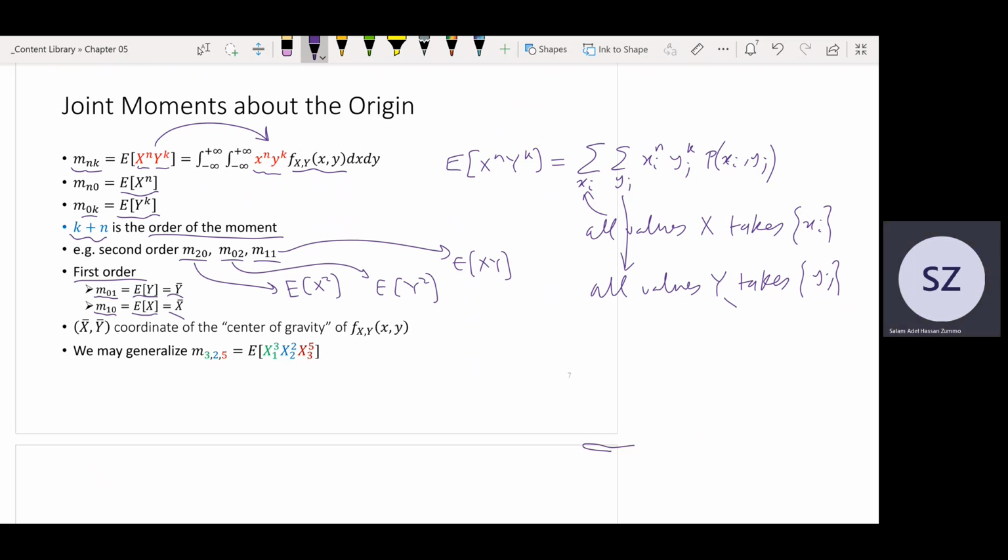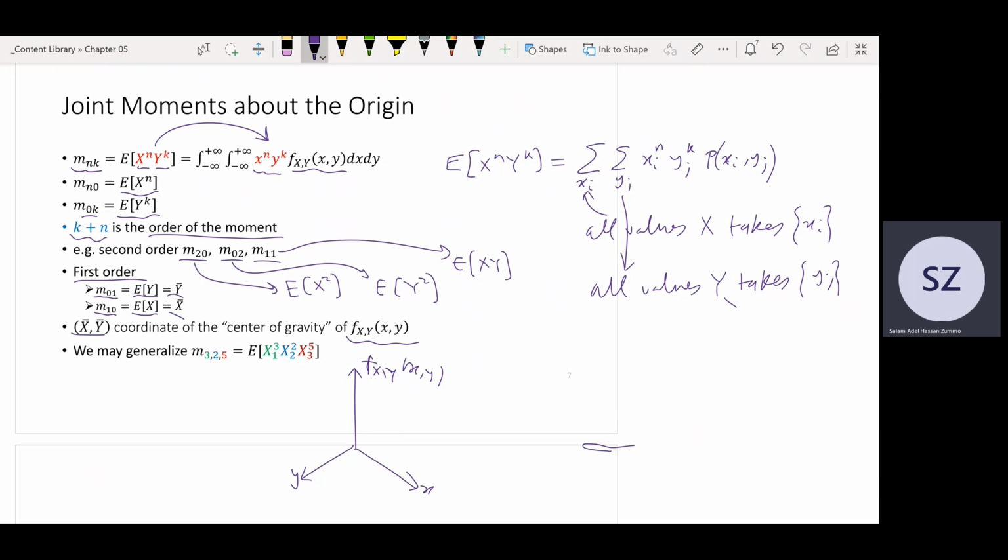Okay, so now if I have a joint PDF, remember how we drew the joint PDF? We drew it like this, right? This is x, this is y, and this was the PDF of x, y. I'm not a good drawer, but it is a certain function. It's a surface, if you remember.